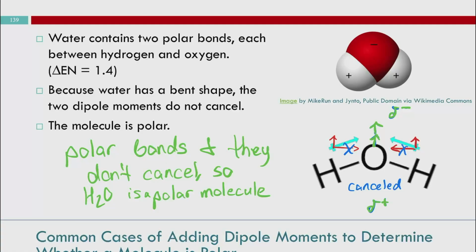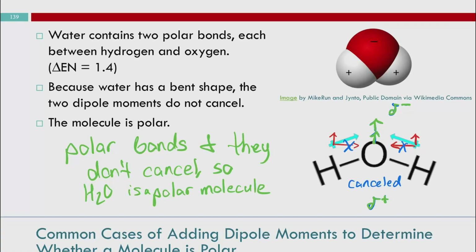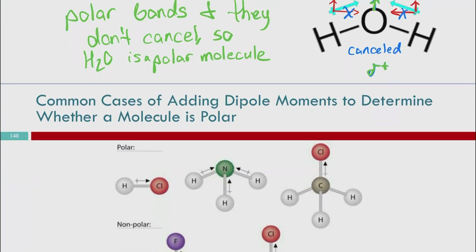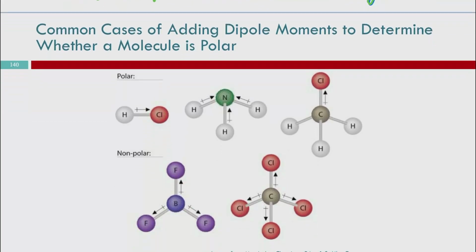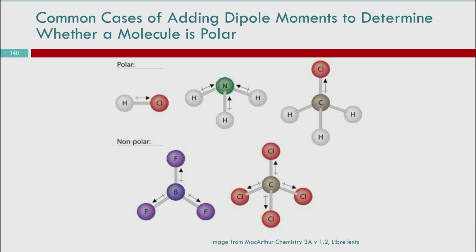If you don't like thinking about any of this and you just want to memorize stuff, there's a simple breakdown. Since we only have 5 shapes for this class, and we're generally going to be dealing with stuff that has the same bonds across everything, you can memorize these cases.